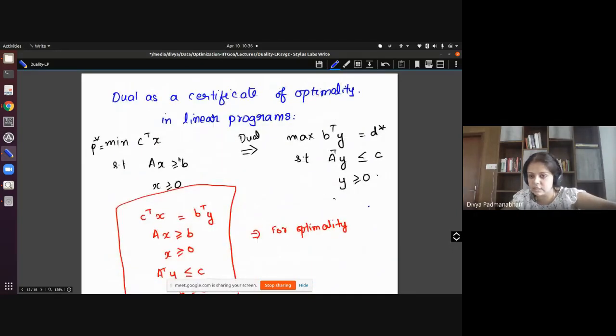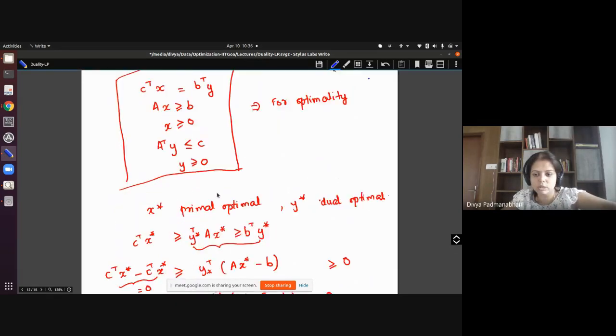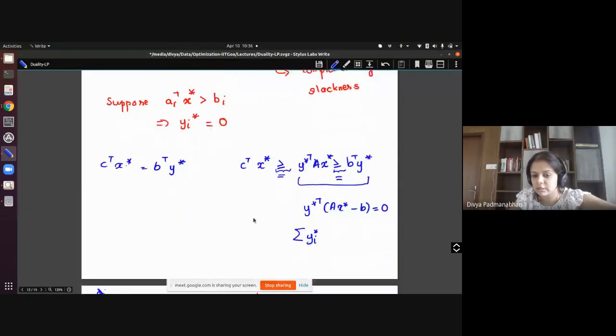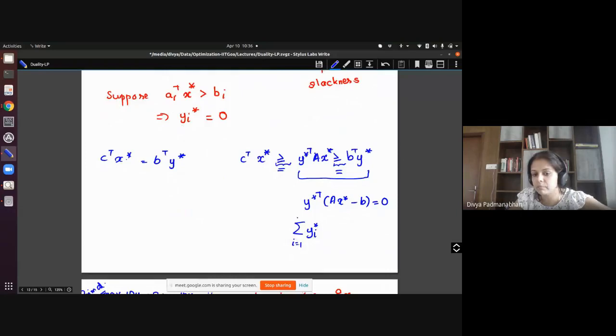There are m constraints, so the summation goes from i equals 1 to m. This is as though you're seeing the inequalities, right? So this will be A x star minus b, the ith term. So this is the ith inequality, and this product is equal to 0.